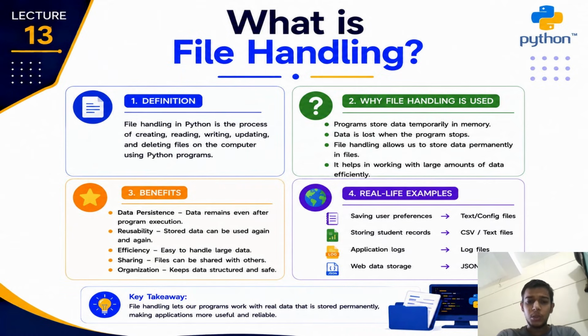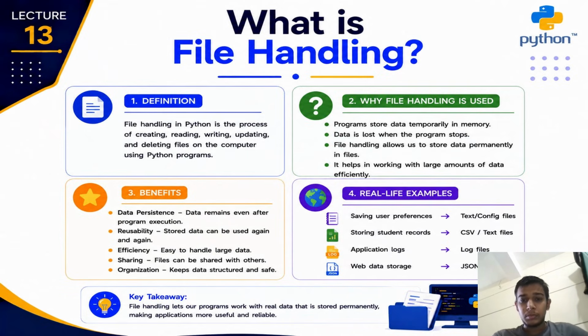If we only store those marks in variables and then close the program, we may lose that information. Now, with file handling, we can save the data in a file so it remains available even after we stop the program. File handling is also very useful when we are working with large amounts of data.